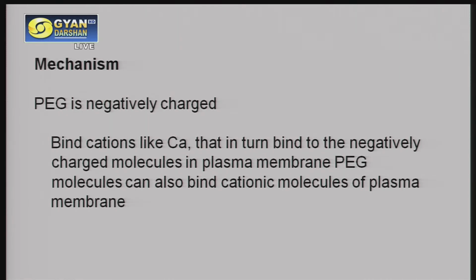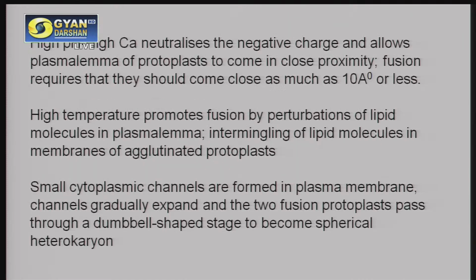There is a certain mechanism, because PEG is negatively charged, and if you use calcium that binds to the negatively charged molecules in the plasma membrane, the PEG molecules can bind to the cationic molecules of the plasma membrane, and then high pH, high calcium neutralizes the negative charge and allows the protoplasts to come in close proximity.